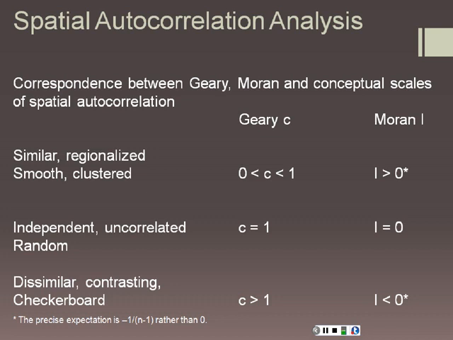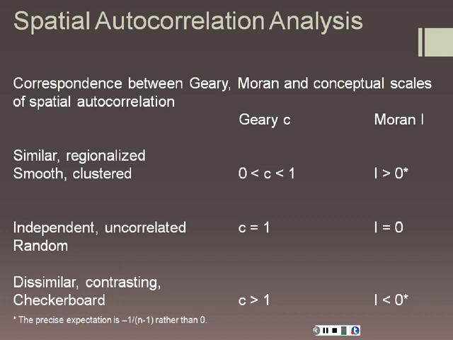Uncorrelated, that would be neutral autocorrelation or a random distribution. In Geary C, it'll have a value of 1. In Moran's I, it'll have a value of 0. And then negative spatial autocorrelation, in Geary C it'll have a value greater than 1, I guess.